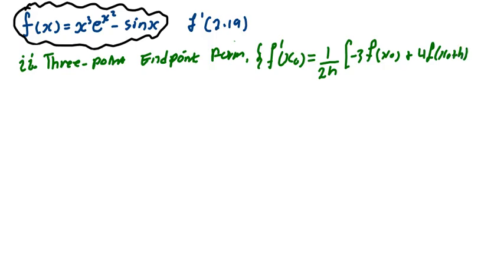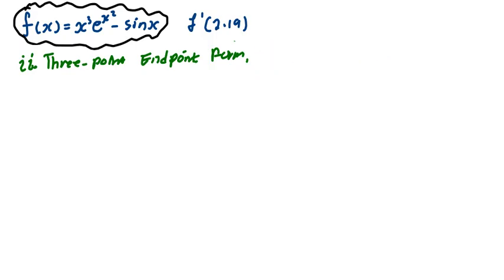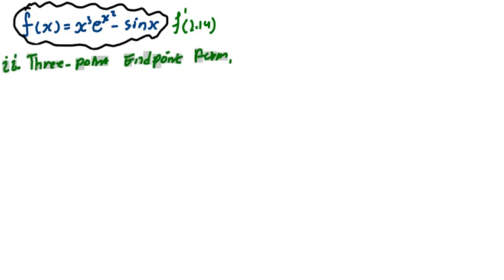There isn't enough space here. Okay, let me try to write it on the top. So we are still trying to approximate f prime of 2.19.